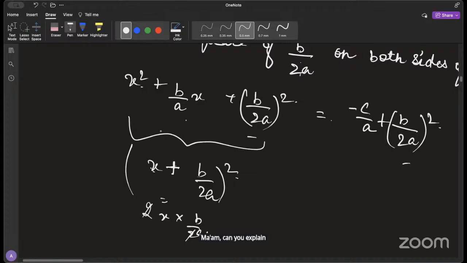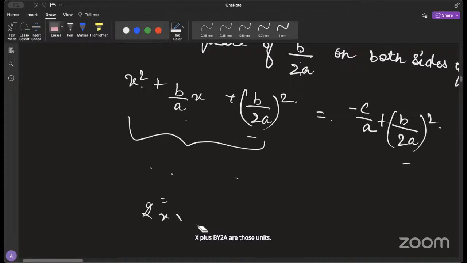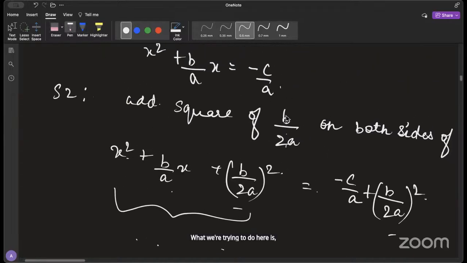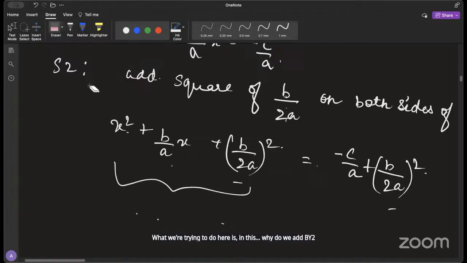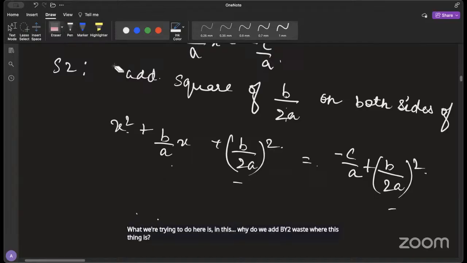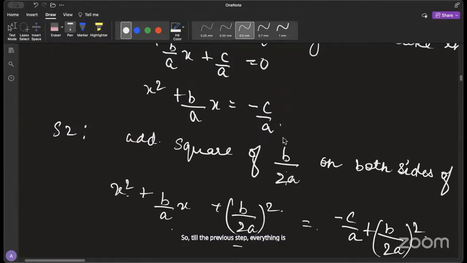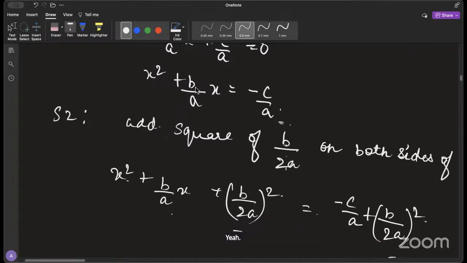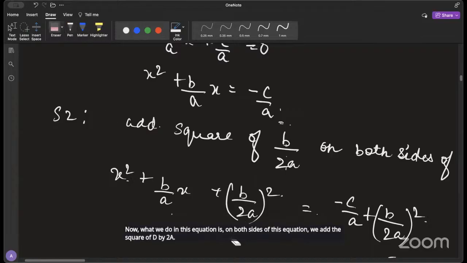Can you explain this again? X plus b by 2a the whole square. What we're trying to do here is, why do we add b by 2a square? Till the previous step, everything is clear, right? Till this step. Yeah. Now what we do in this equation is, on both sides of this equation, we add the square of b by 2a. And why do we do so?